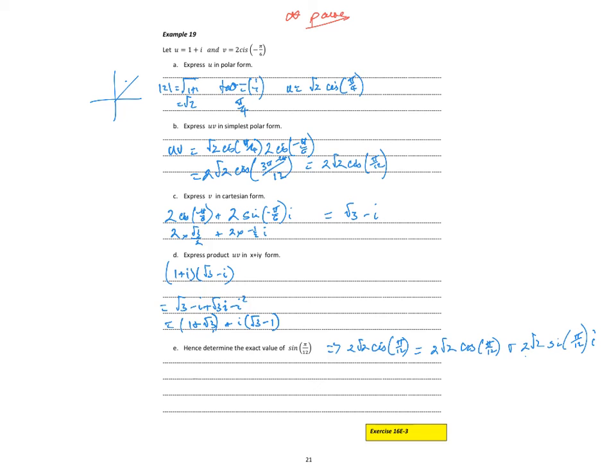So that expression there has to be equivalent to this expression here because they both represent UV. That was equal to UV from B.